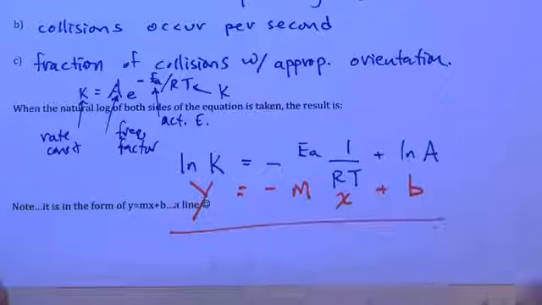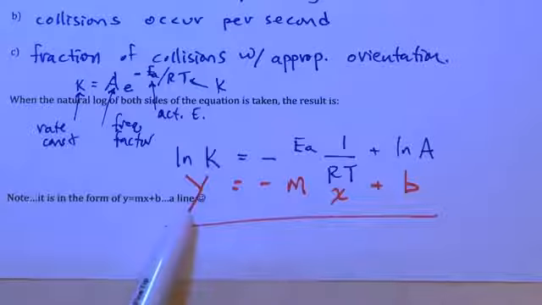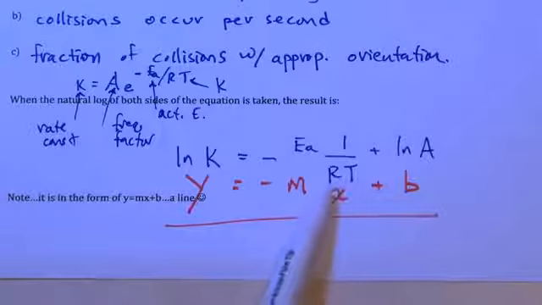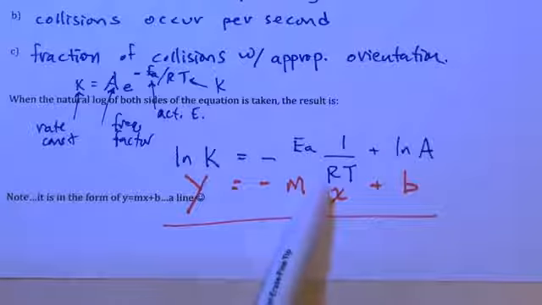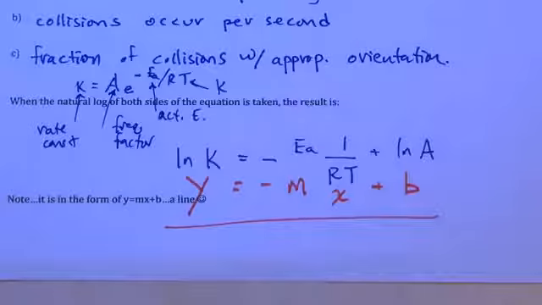And so it takes on the form, once again, just like some other equations we've looked at in this chapter, of a line, where the y-axis is the natural log of the rate constant. The x-axis is 1 over temperature times a constant, which is the gas constant R. I forgot to say that up here: R is the universal gas constant at 8.31 joules per mole Kelvin.